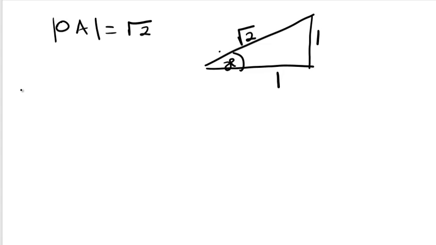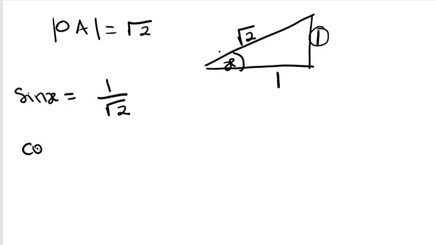Therefore, if we want sine x, we know that sine is opposite over hypotenuse. This side is our opposite, so it's 1 over our hypotenuse, which is root 2.